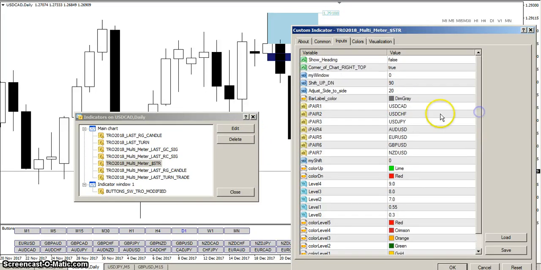So I was thinking, I just made a simple meter where here we've got the dollar Canadian, dollar franc, dollar yen, Australian US, Euro US, pound US, and New Zealand US. And all I'm doing is counting pips, close minus open. Real simple.